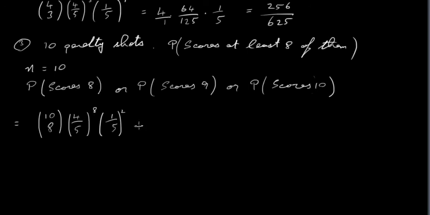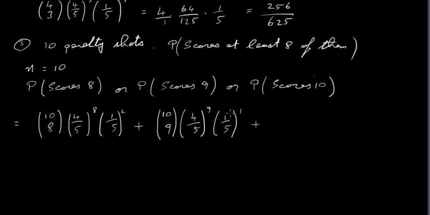Or is plus. The probability that he scores 9 is the same thing again. So we're going to do 10 choose 9. Remember, we want 9 successes this time. So we have 4/5 to the power of 9, 1/5 to the power of 10 minus 9, which is 1.